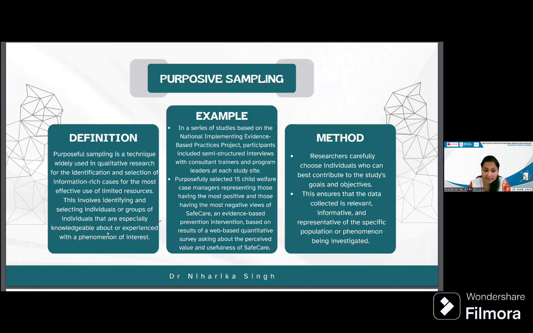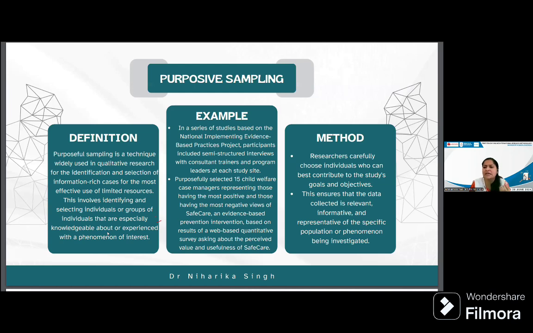Purposive sampling is very, very useful for your research work as an independent researcher. It is a technique which is very commonly used in qualitative research specifically. It is information rich.